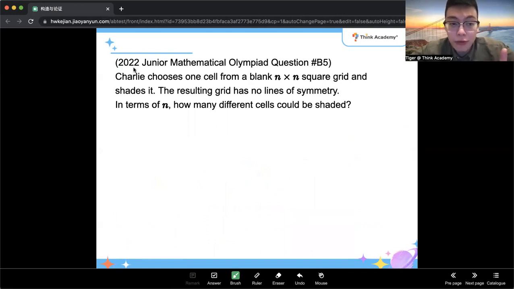And this one is another one from 2022 B5. So you can see that the 2022 paper does involve a lot of these questions. It says that Charlie chooses one cell from a blank n by n square grid. Again, n by n means that it can be 1, it can be 999, it can be any number.